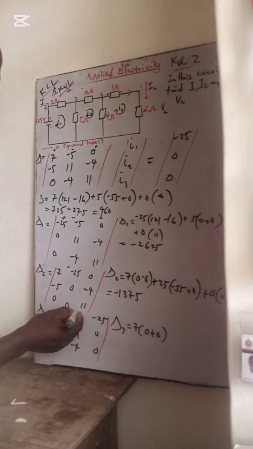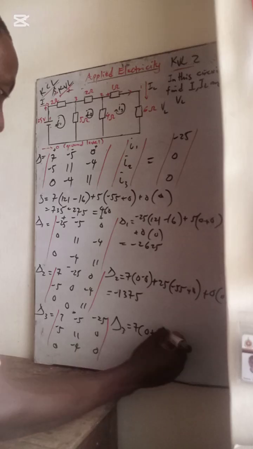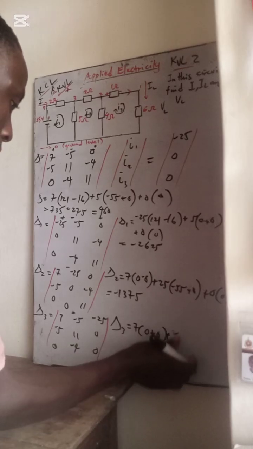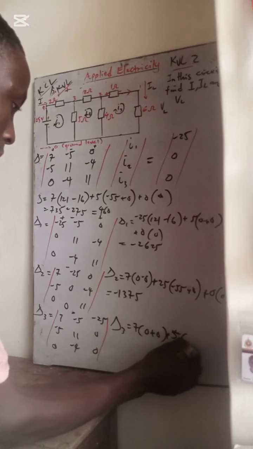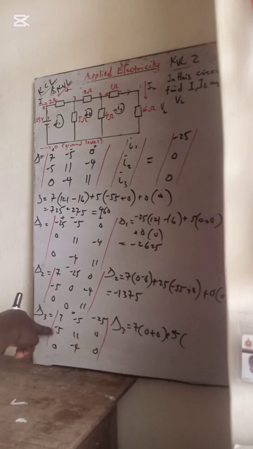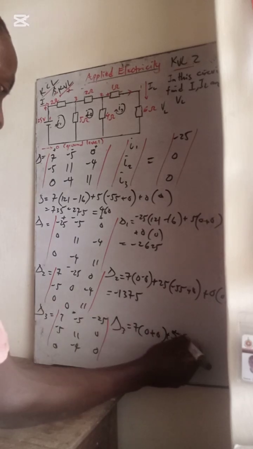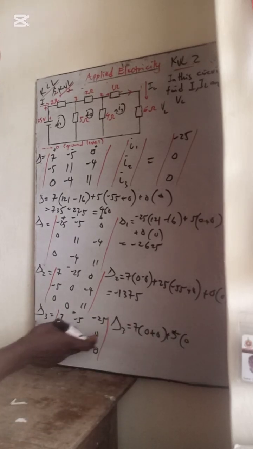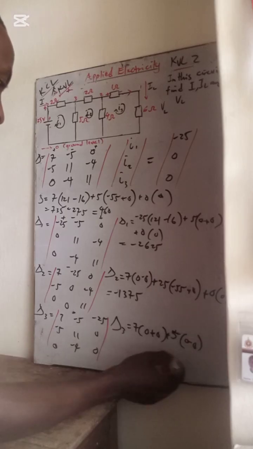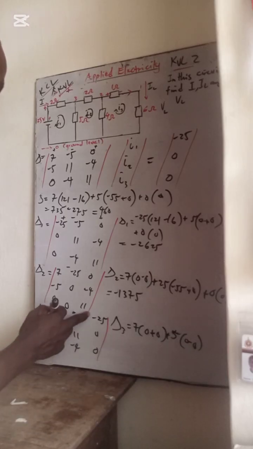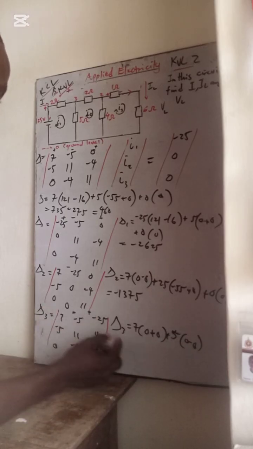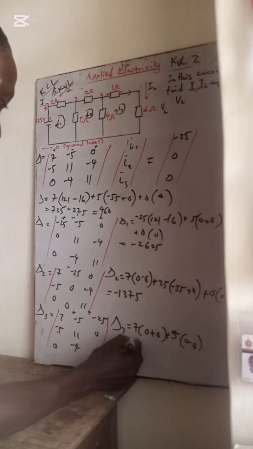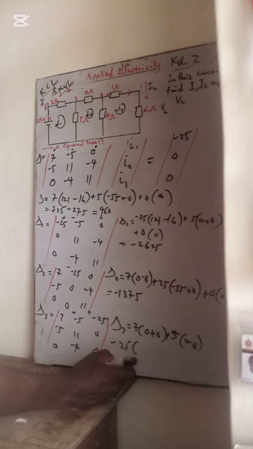Then remember, minus is always here in the middle, so that will be plus 5, open bracket. Then this one is 0, minus 5 times 0 is 0, then 0 times 0 is also 0. So the last part, there's always plus here, plus times minus is minus, minus 25 into brackets.